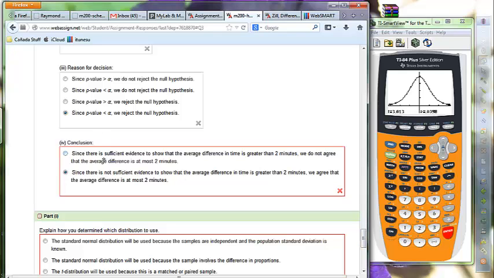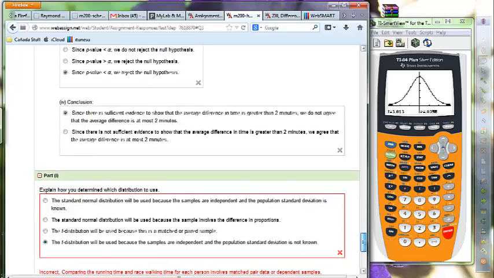And since we rejected the null hypothesis, we can say that there's enough evidence to show that the time is actually greater than. So the less than or equal to was the null hypothesis that we rejected. And so we can probably agree that the time is greater than, and so that must be the other conclusion part.